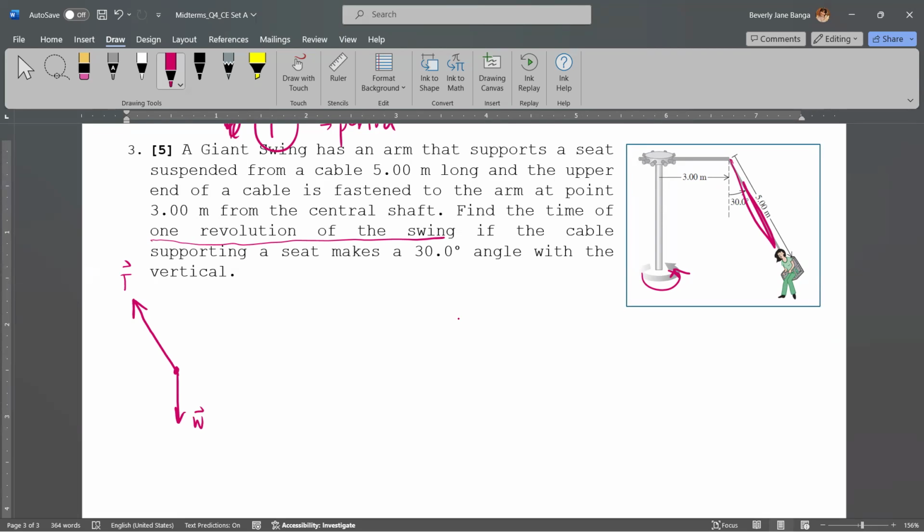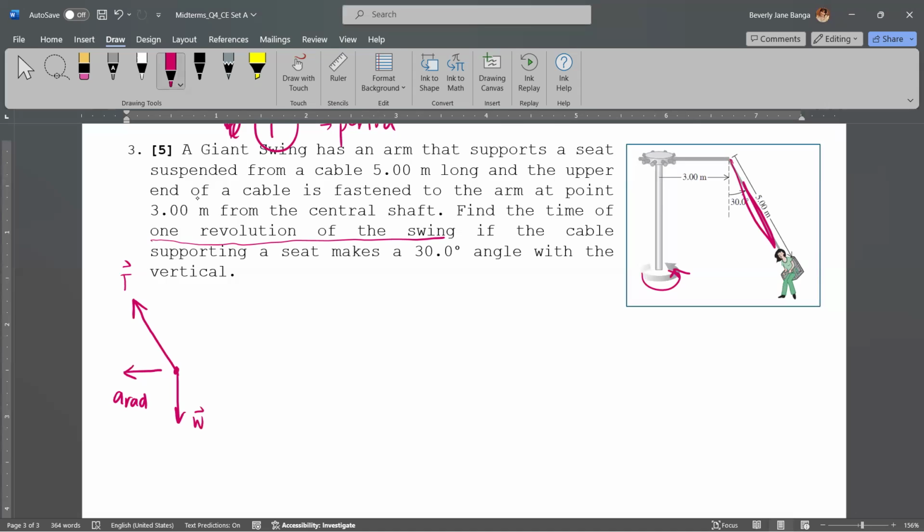Okay? So, alam natin na pag umiikot yung particle, there is an acceleration that will pull it inwards, due to the centripetal force. And that will give us your A rad or your radial acceleration. Okay, so dito, ibig sabihin nag-a-accelerate yung ating object to this direction sa A-rad natin.